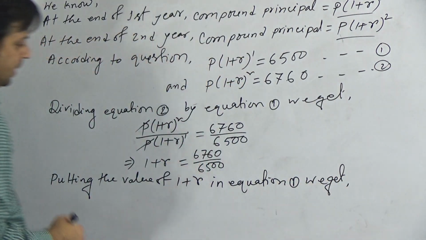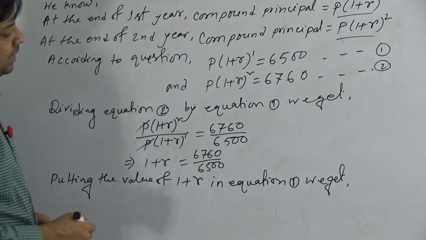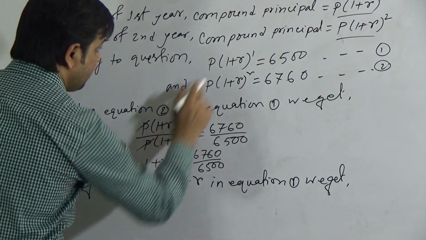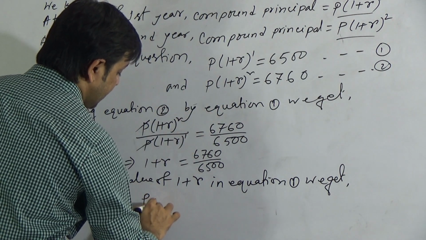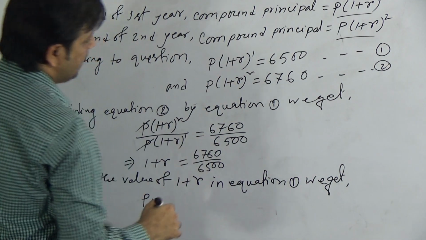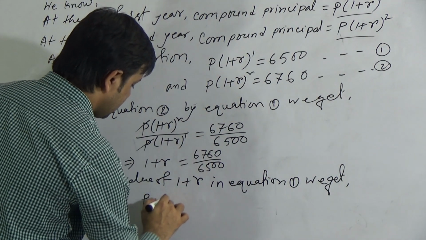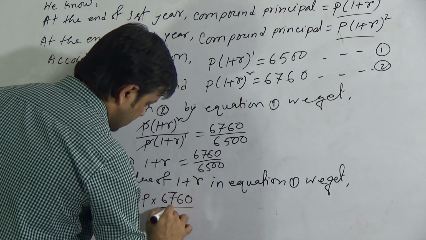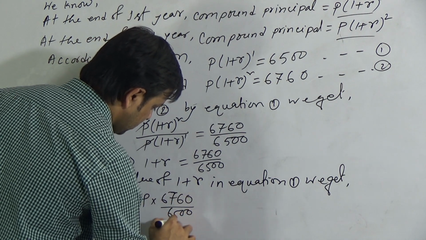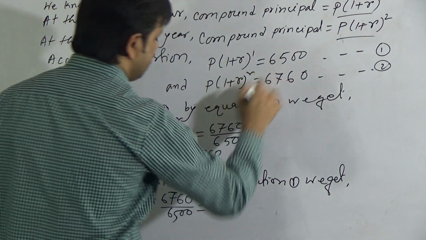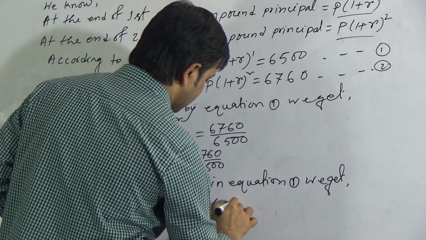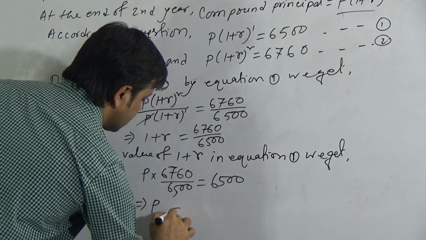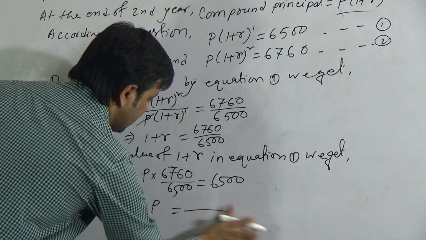Here the value of 1 plus r is 6760 divided by 6500, and here is P. So we can write P into 1 plus r, that is 6760 divided by 6500, is equal to 6500. Now this fraction we can take to the right side.